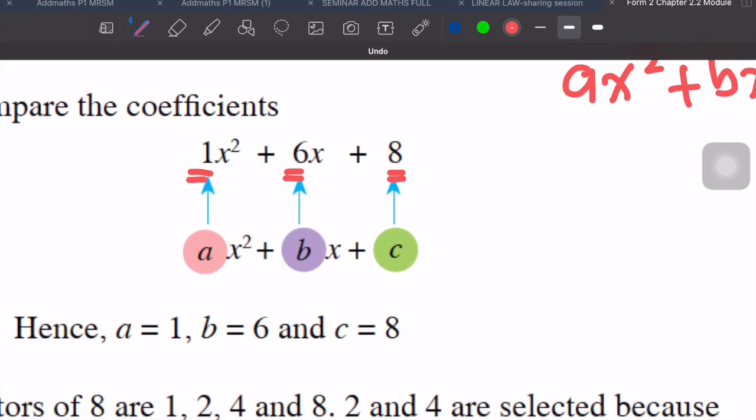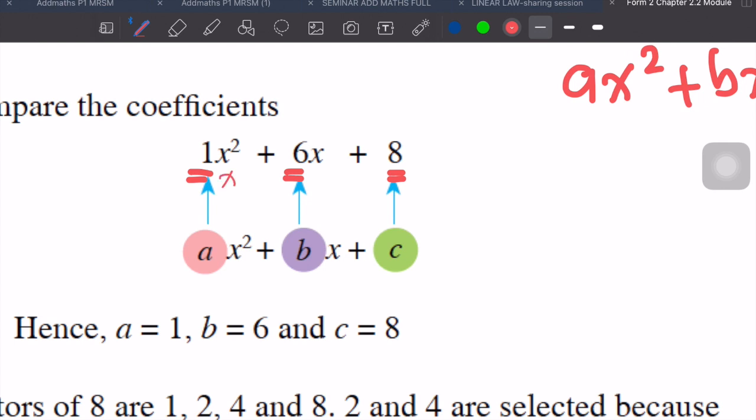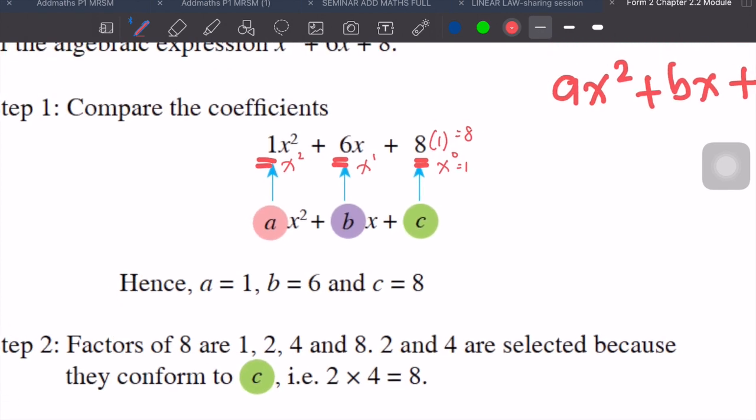Sekejap saya kecilkan. So ni kita adalah x kuasa 2. Ni x kuasa 1. Ini adalah x kuasa kosong. Yang awak kena tahu, apa-apa kuasa kosong dia akan menjadikan 1. Ni 1. So 8 darab 1 sama dengan 8. So tu nanti awak akan belajar lebih lah. Buat masa ni awak perlu tahu yang tak ada x ni adalah C.